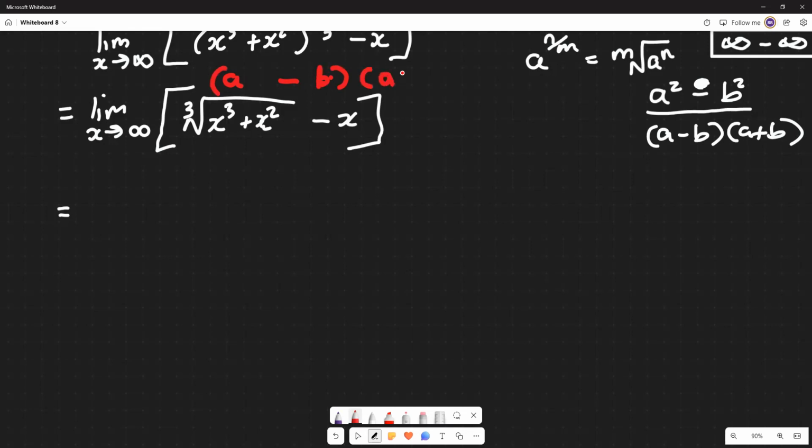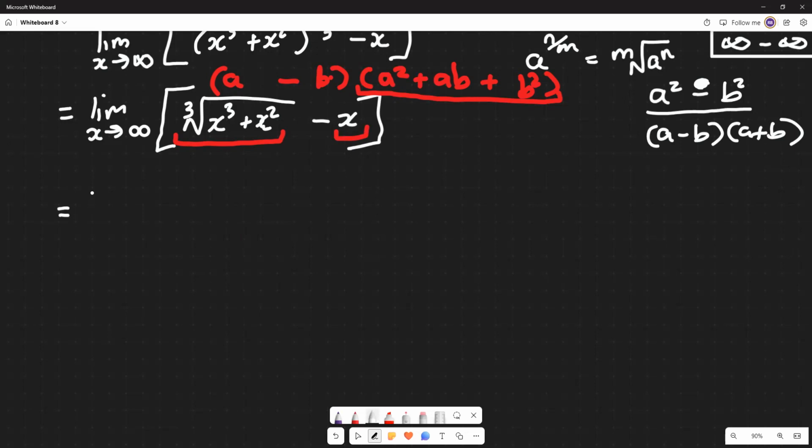Here I'm going to have a squared, in the middle is a times b, and here it's b squared. If this is a minus, this must be a plus, and the last one is always a plus. To rationalize, I have to multiply by this part, because I already have that part. This is my a, that is my b.